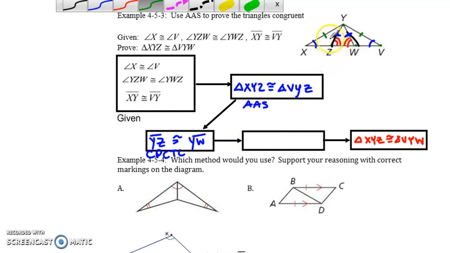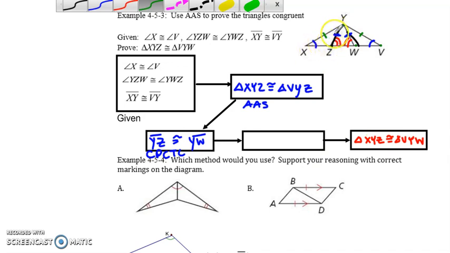Okay, so now we need the angle, because all we have is just angle, side, side, which we know spells our bad word, which isn't enough. So an angle, a side, and a side is not enough to jump here. So what do we need? Well, we need at least either this included angle up here or here.